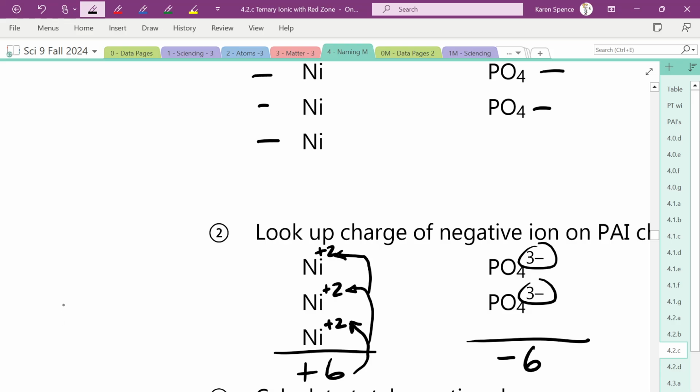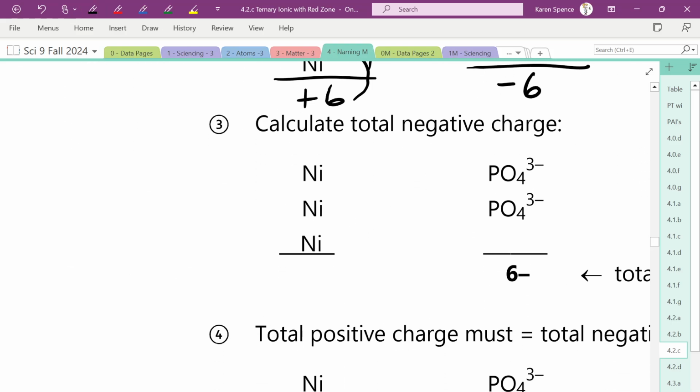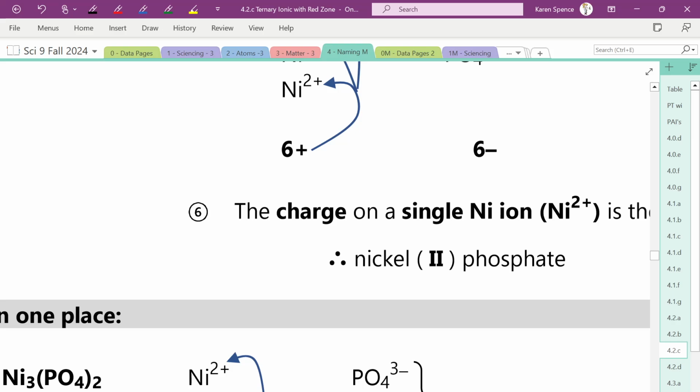Which means that our name is going to be nickel, Roman numeral 2. And then PO4, look up its name on the green sheet, phosphate. Okie dokie. And that's it.